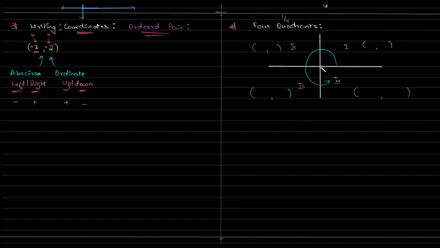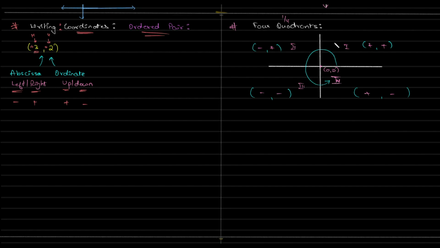In the first quadrant, since it's right and up, it is always positive and positive. In the second quadrant, since it's left and up, negative and positive. Since it's left and down, in the third quadrant, it's negative and negative. The fourth quadrant is, since we're talking about right and down, positive and negative. Okay. And the center is called the origin.